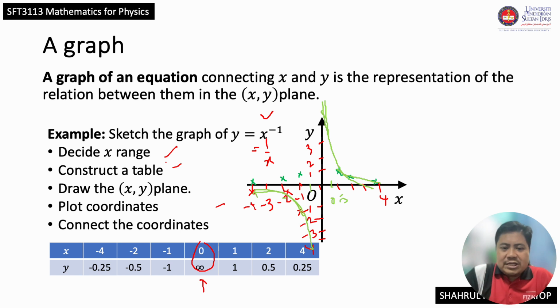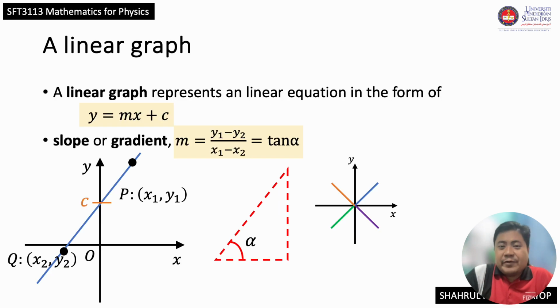We move to the most frequently met graph, which we call a linear graph. So a linear graph is a straight line graph. A linear graph represents a linear equation in the form of y equals mx plus c. So this is a linear equation. What's inside this is the value of m and the value of c.